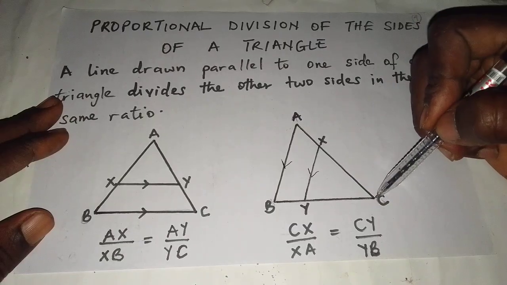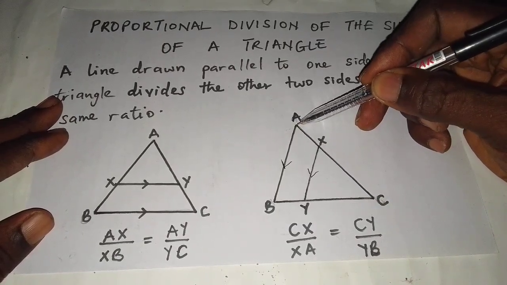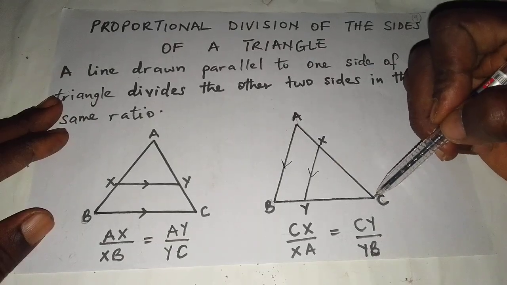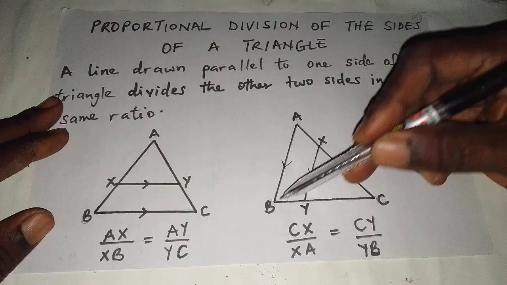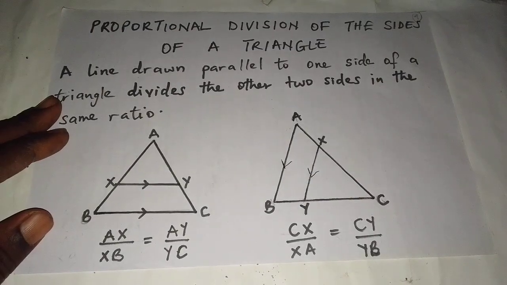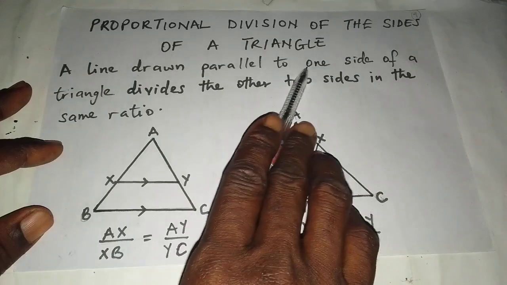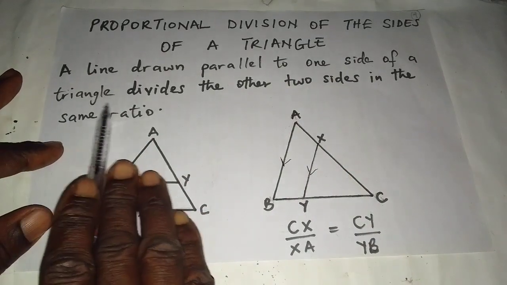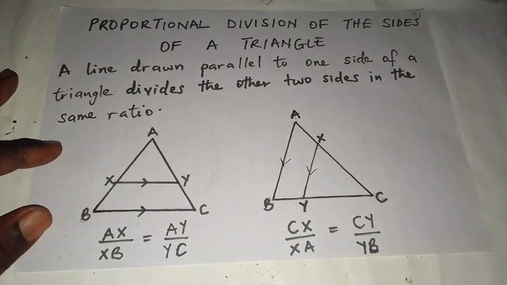So it means that CX over XB will be the ratio at which we now have CY over YB. So that is what the law is making us to understand. So the line drawn parallel to one side of a triangle divides the other two sides in the same ratio.